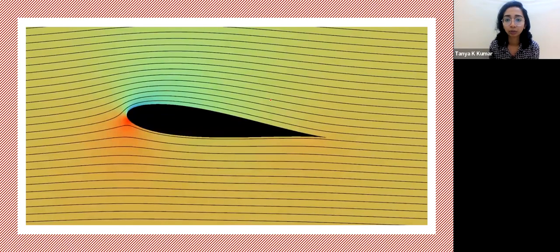Exactly. So there is no flow separation happening here. And here we're assuming laminar flow throughout. But at this point, there will actually be some vortices, right? Which travel backwards. So that is not shown here. We're assuming laminar flow, not a turbulent flow. So that is the problem with this. Otherwise, it's a very beautiful simulation. I just wanted to put it here.